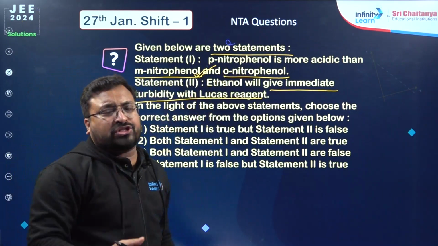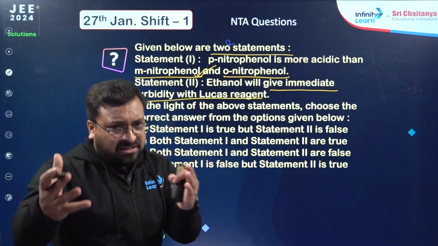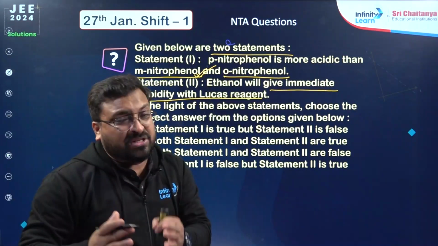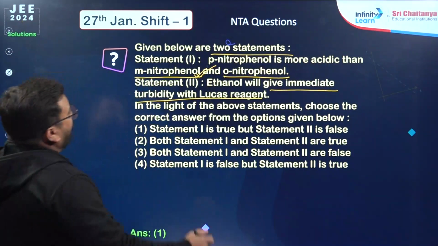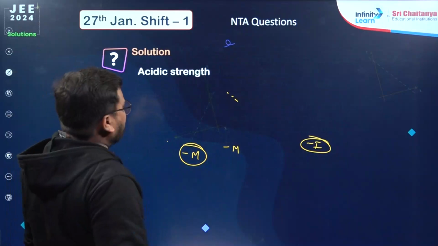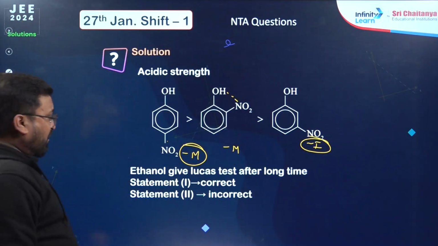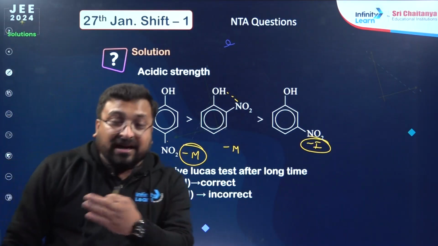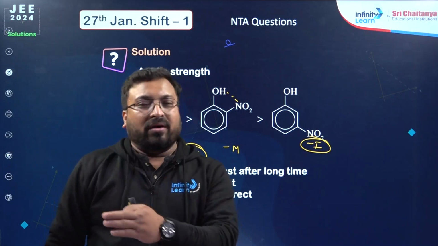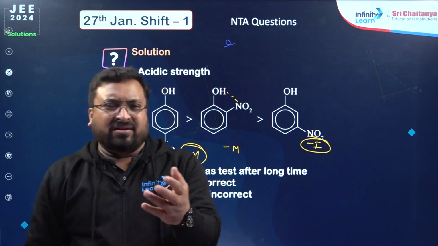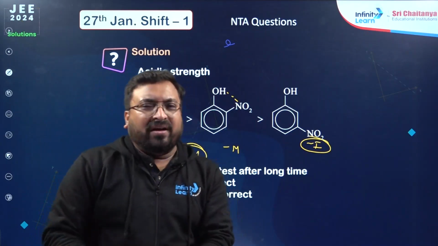There is no question of comparison; they have just asked whether para-nitrophenol is more acidic or not. Of course, this is right. And you know the Lucas reagent reacts fast with 3-degree alcohol, then 2-degree, and the reaction rate is very slow with 1-degree.